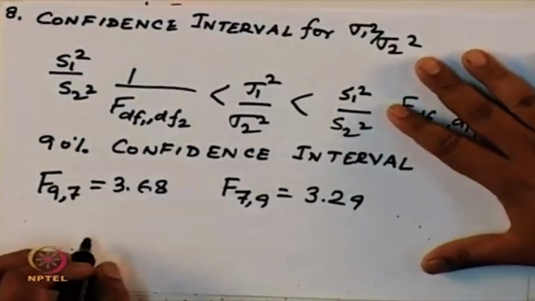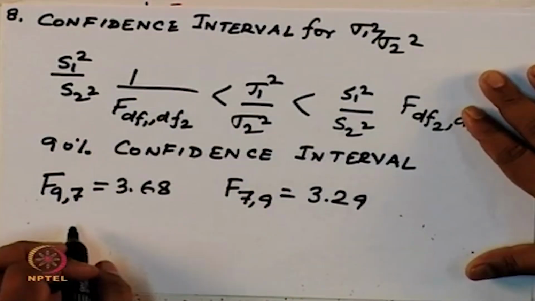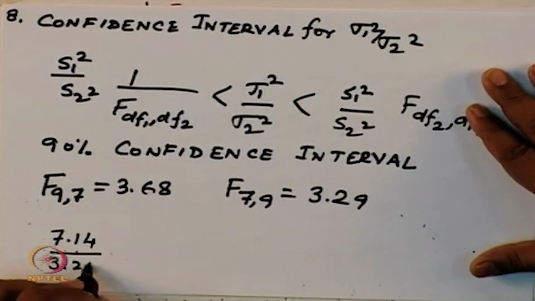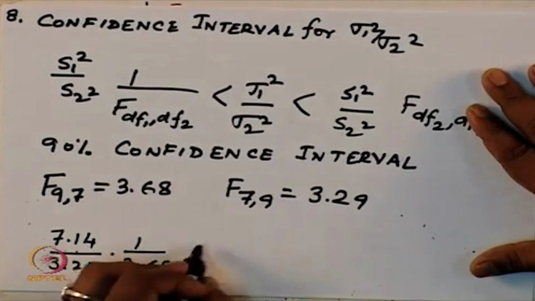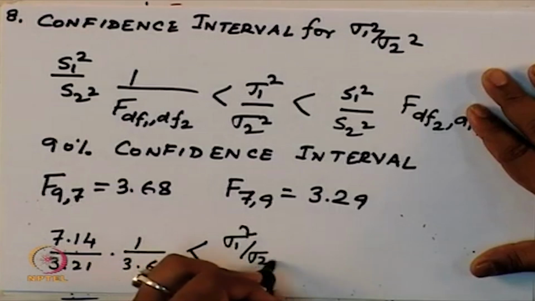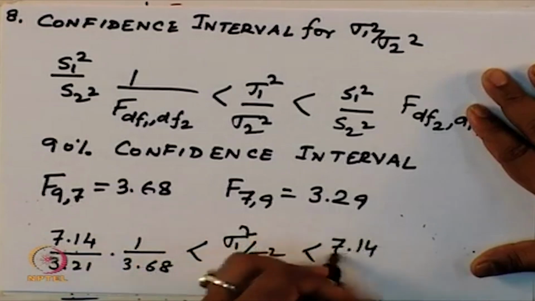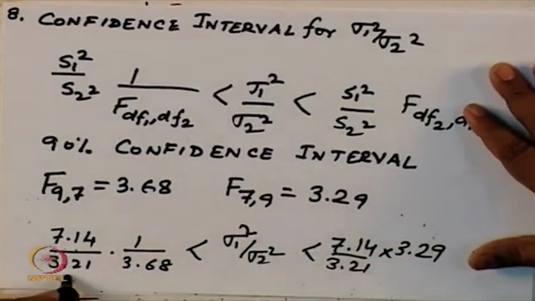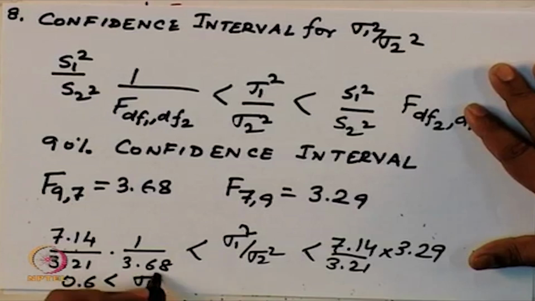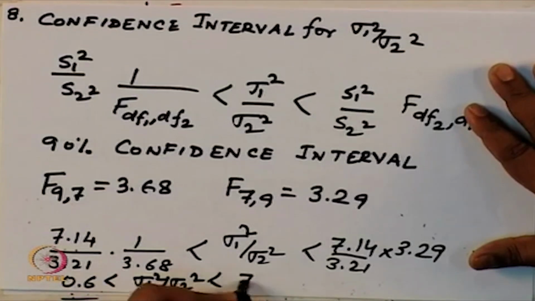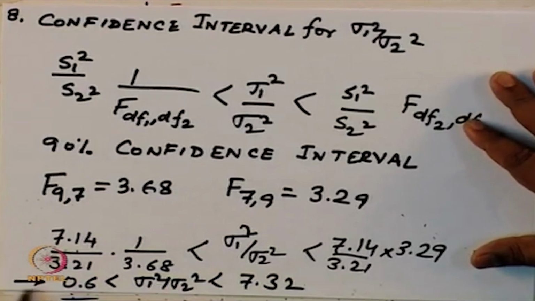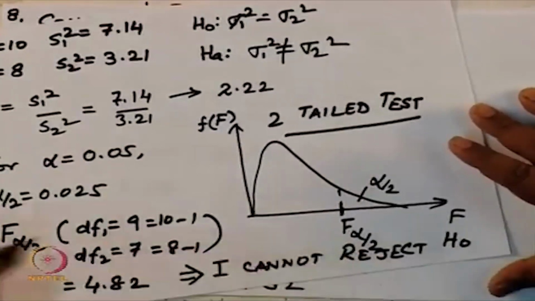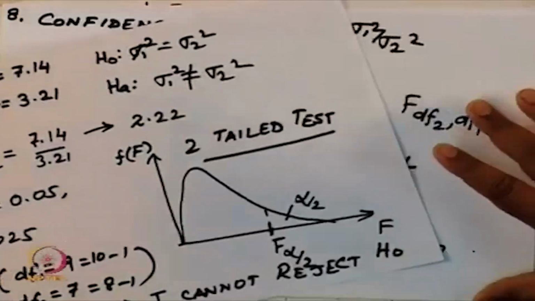So, for this particular case you can calculate the lower and upper bounds of sigma 1 square by sigma 2 square as 7.14 over these values. So, this comes out to be 0.6 less than sigma 1 square by sigma 2 square less than 7.32. So, you see that your bound is reasonably wide, that is why you have been unable to reject H naught.